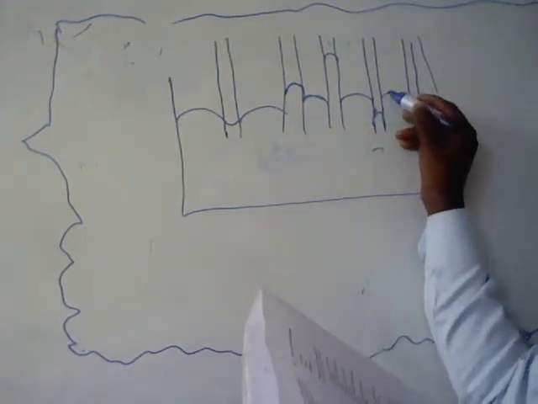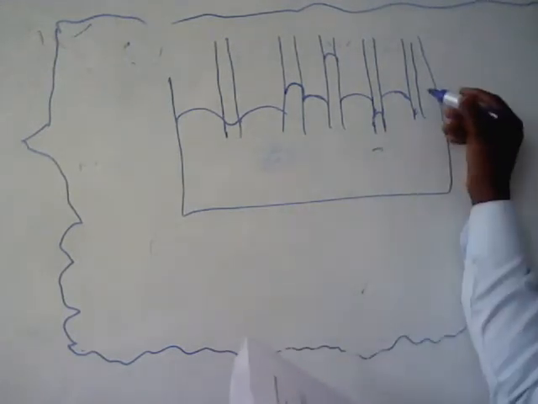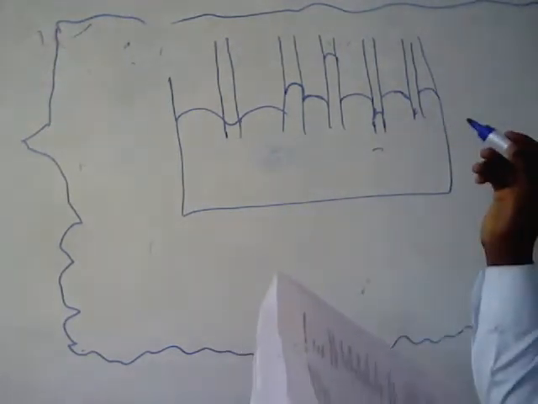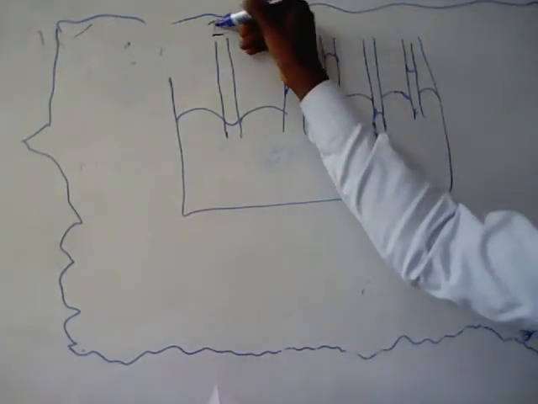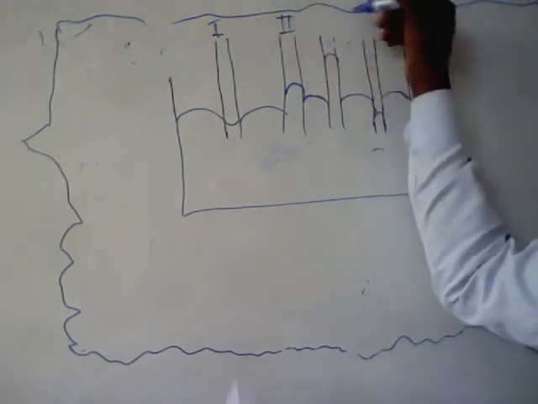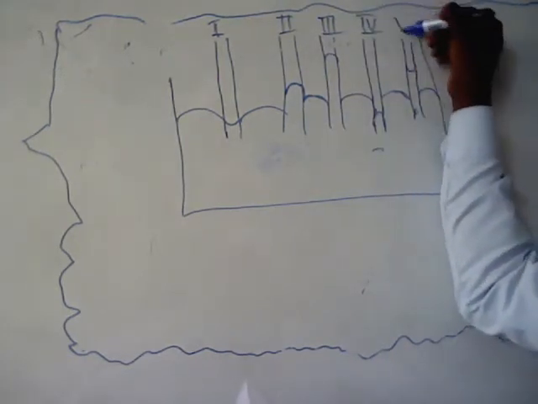This one still maintains the same level. Then we have this. They call these Roman figure 1, Roman figure 2, Roman figure 3, Roman figure 4, Roman figure 5.